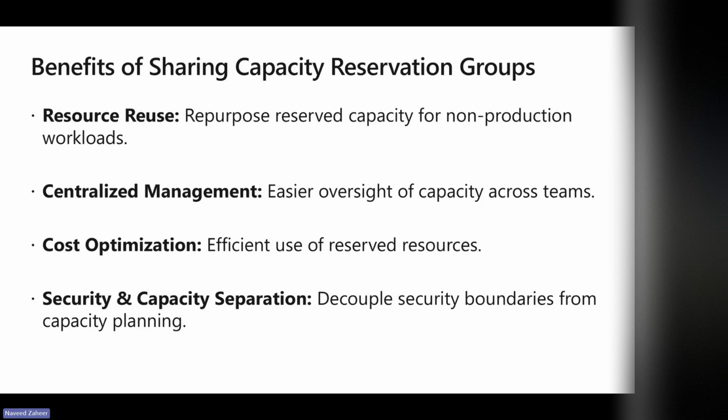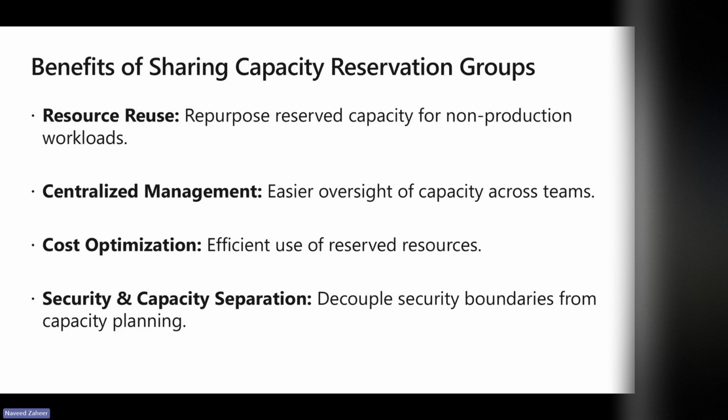The key thing here is that once you do that, you still have centralized control. You know how much capacity you have, how much is utilized, how much is there. So you can get a better idea of what you can do with the rest of the capacity. Do you need to give it for a dev test scenario, things like that.